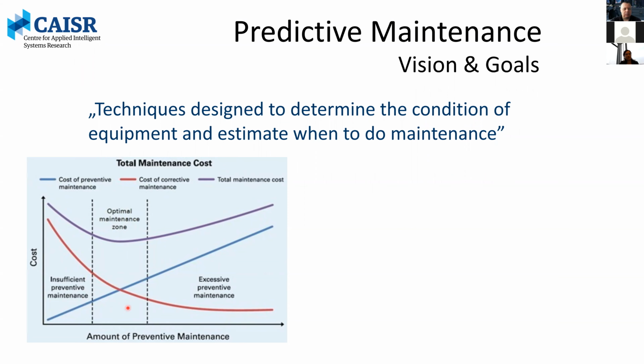So there is some kind of optimal zone in the middle, which decides the right balance between the 2 kinds of maintenance. And that, of course, depends a lot on the details of what kind of equipment it is, how easy it is to predict failures, and so on.